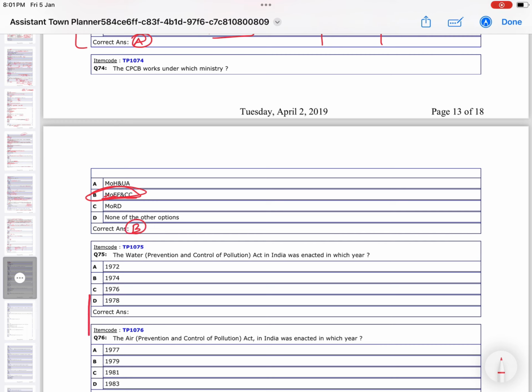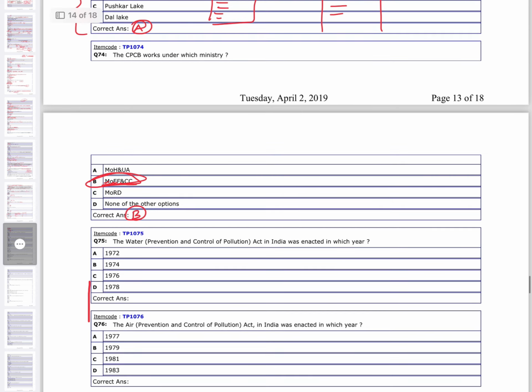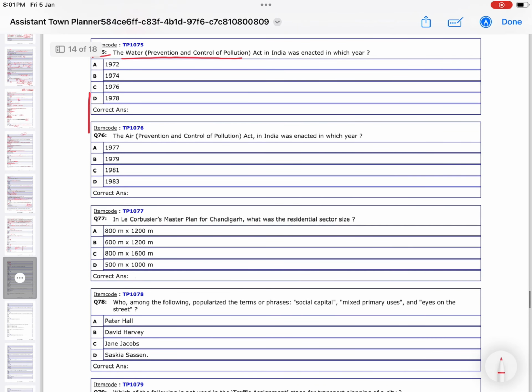Question number 75. Again I'm telling you, you have to remember the Air, Water and all the Pollution Prevention Acts. The year you have to remember. The Water Prevention and Control of Pollution Act in India was enacted in which year?